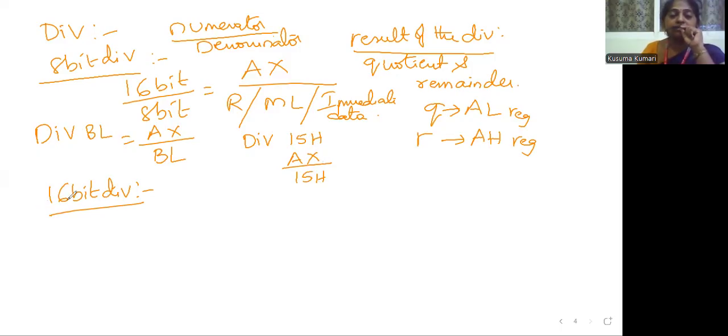Similarly, 16-bit division means again the numerator divided by the denominator.